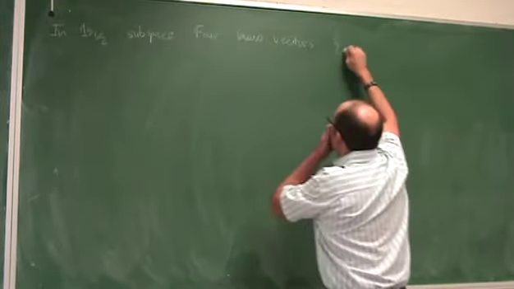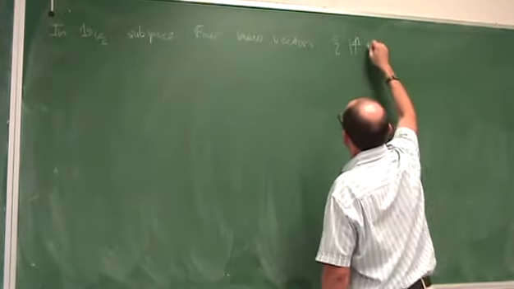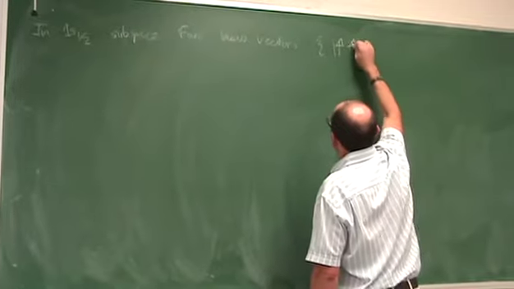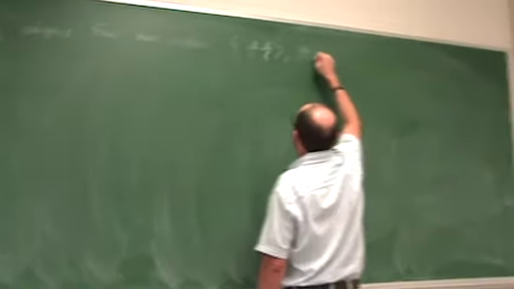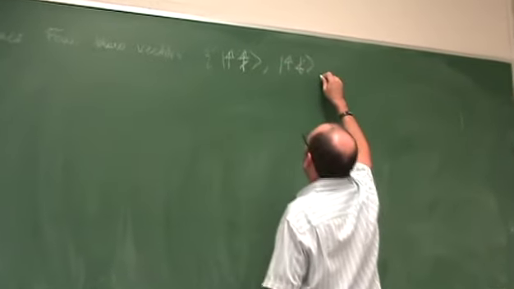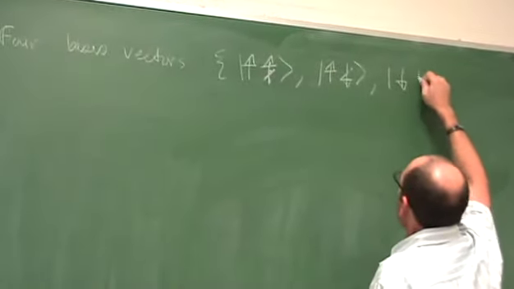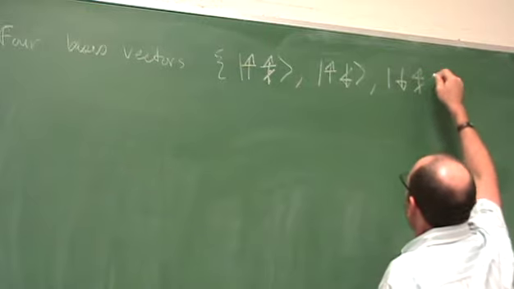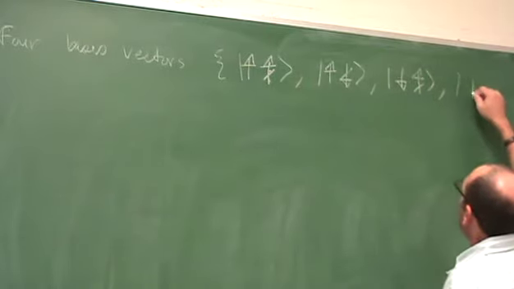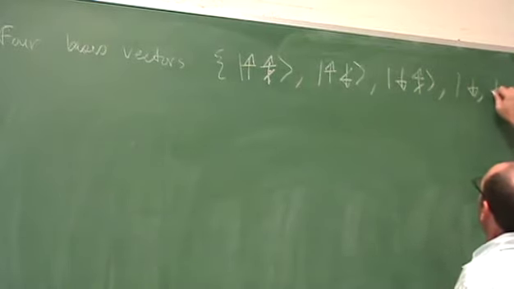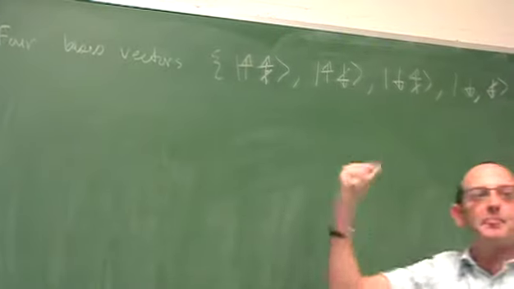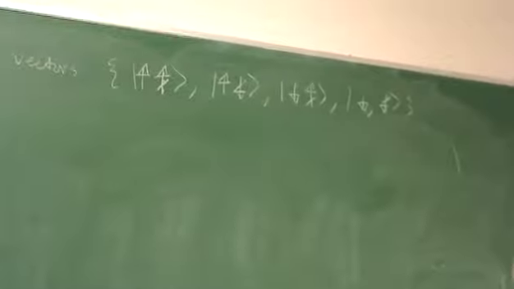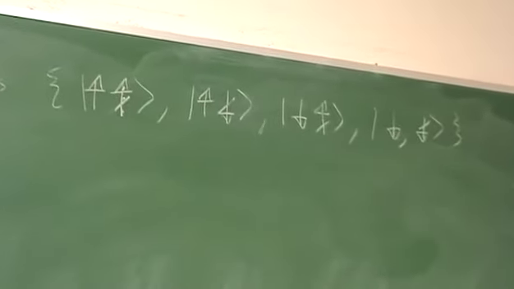For simplicity, let me write them like this, where up and down are spin up and spin down for electron and proton.